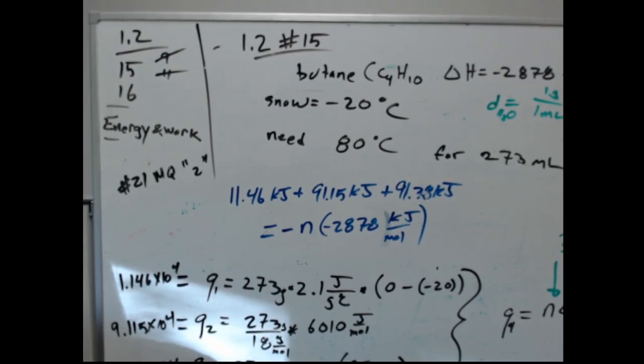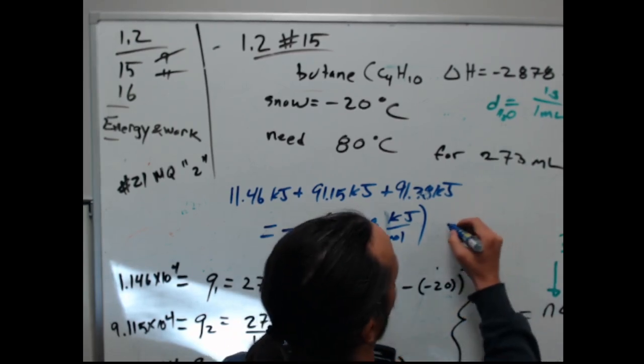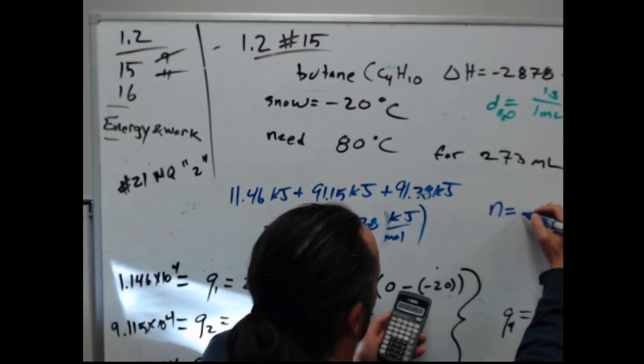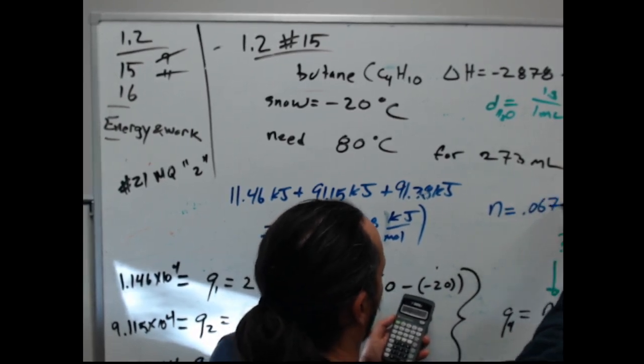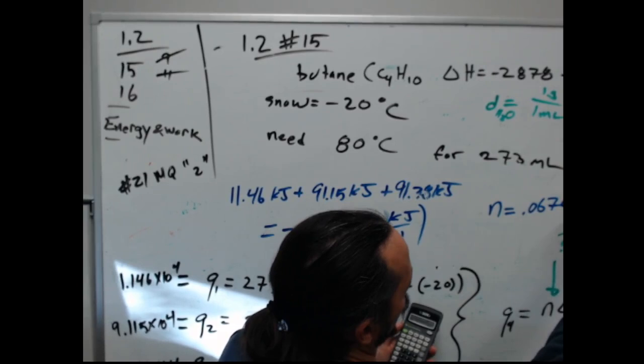So we'll do 11.46 plus 91.15 plus 91.38. We want to get 193 kilojoules of energy divided by 2878. This is like the first class where my class notes are. 0.0674 moles.